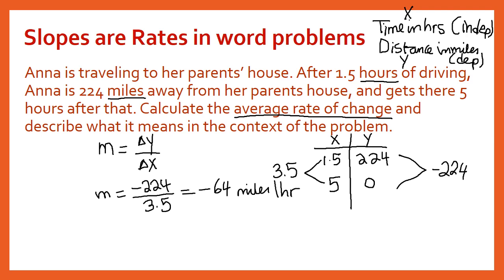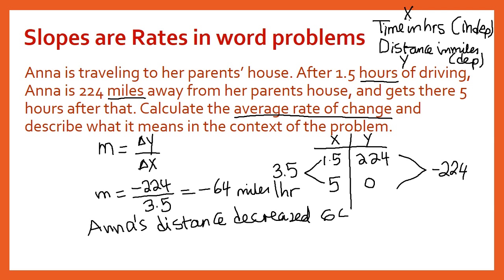So in this story, this means that Anna's distance, since we have a negative value, decreases 64 miles every hour.